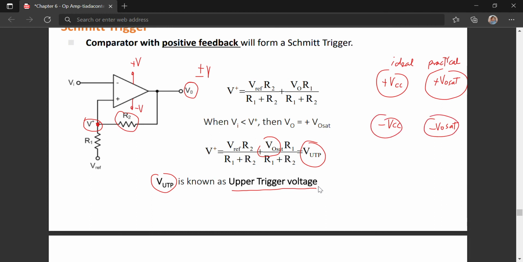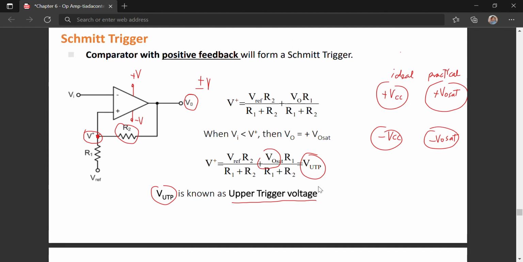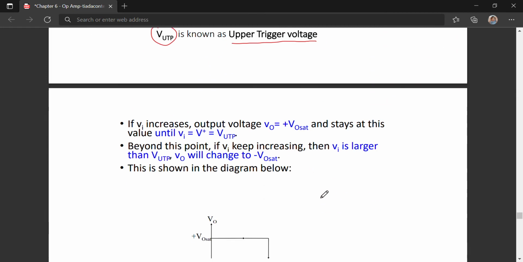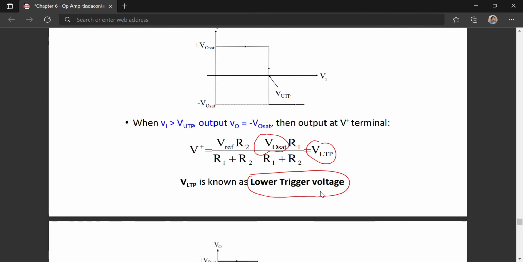But don't get confused, because this semester we'll just focus on the ideal op-amp. So we'll just use either positive VCC or negative VCC. Here you put positive VCC for VUTP, and for VLTP you put negative VCC.